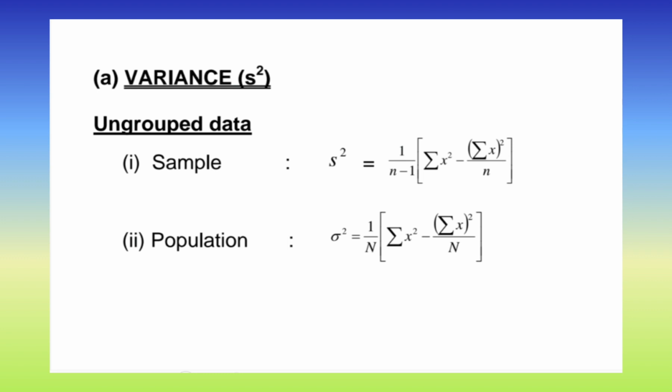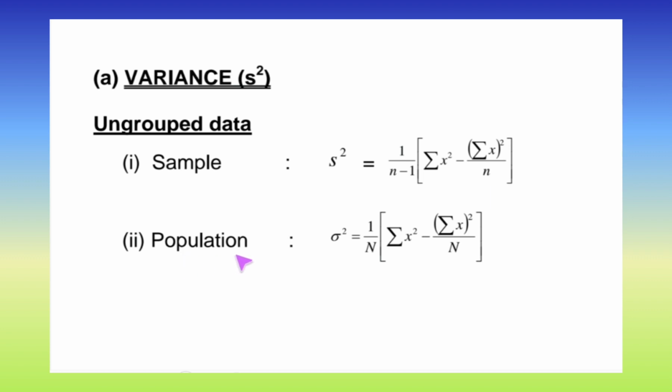Let's look at the formula of variance. The first one is for ungrouped data. For a sample, the formula to find variance is s square is equal to 1 over n minus 1 times, in big bracket, summation of x square minus, in bracket, summation x square over n.